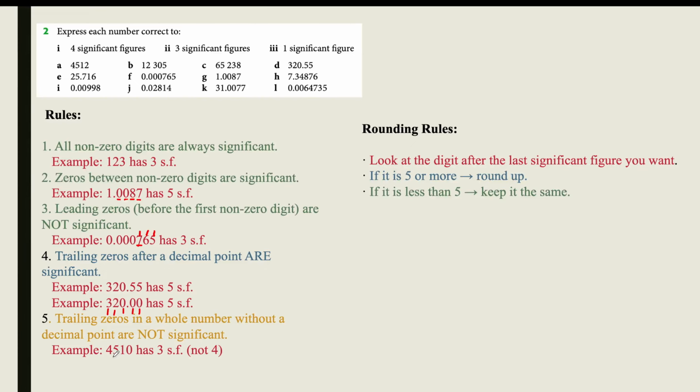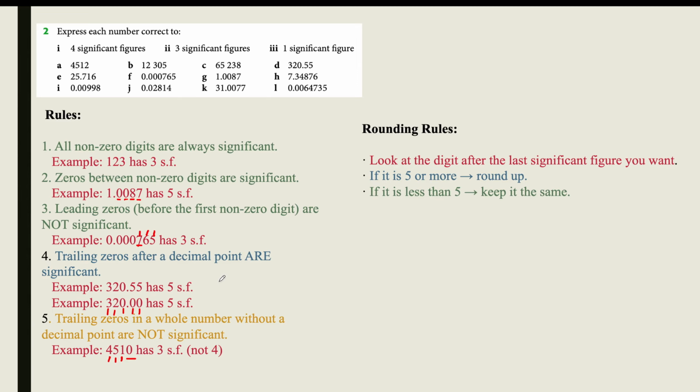For example, in here we do not have any decimal and we have a zero at the end of a whole number. So in this case, this 0 is not a significant figure. We have 3 significant figures in these digits, 4 being the first, 5 the second, and 1 the third significant figure. 0 is not considered to be a significant figure.